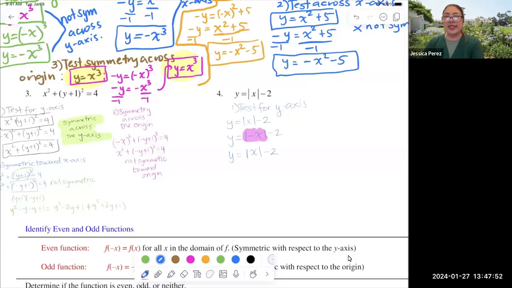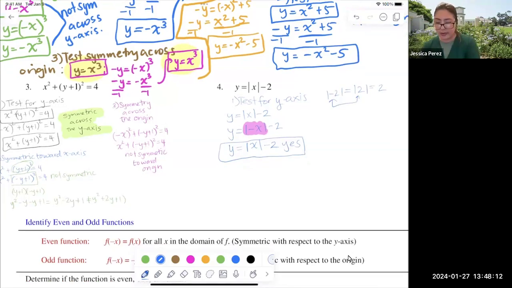So this is the same regardless. So then, yes, this is symmetric. The negative inside, for example, a negative 2 is the same as the absolute value of 2 because both of them are the same 2.